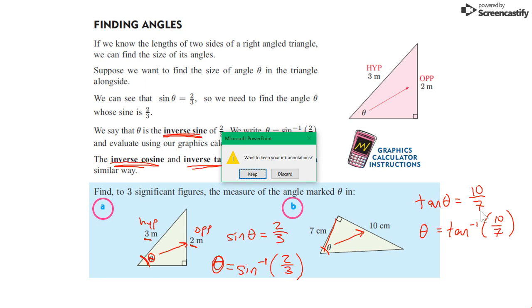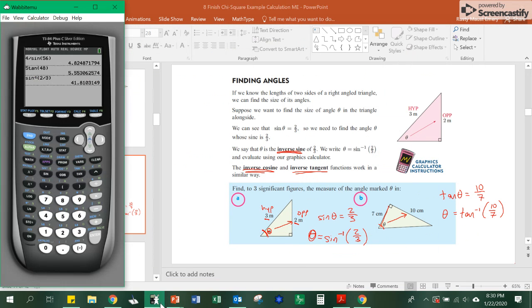When we calculate that, just make sure you are using second tangent, and 10 divided by 7. And we get 55.0079. So to 3 sig figs, 55.0 would be appropriate. And that is the angle, right? So when you write that down, you want to make sure you write that in degrees.